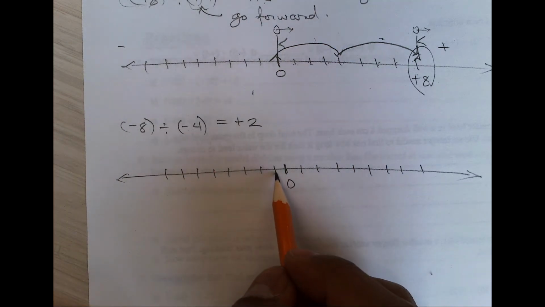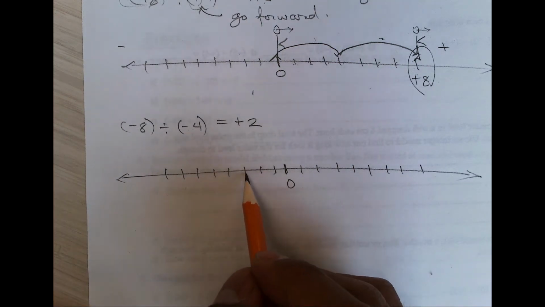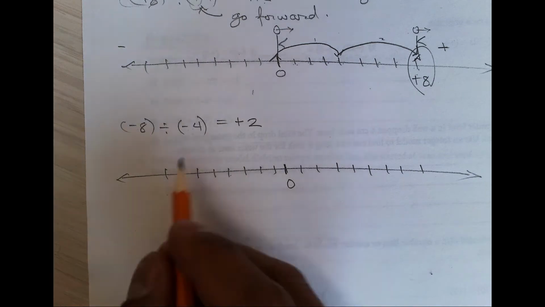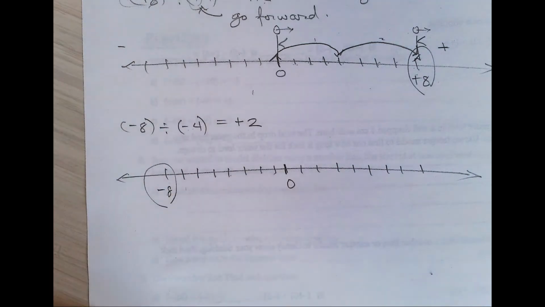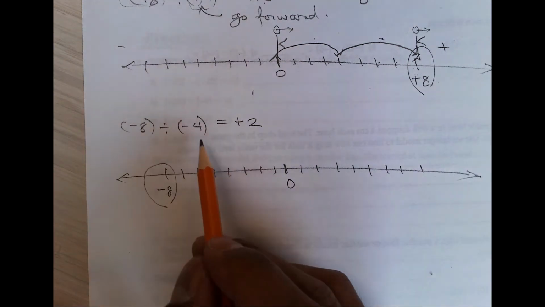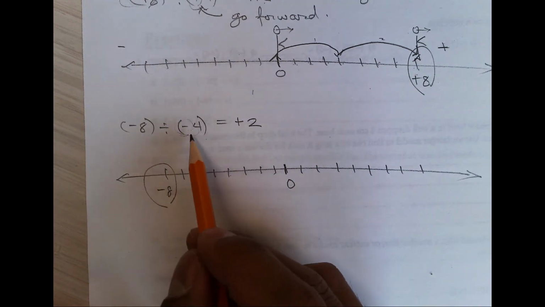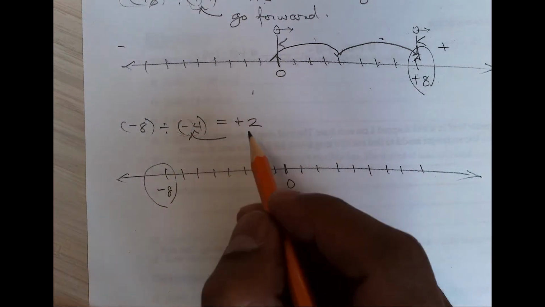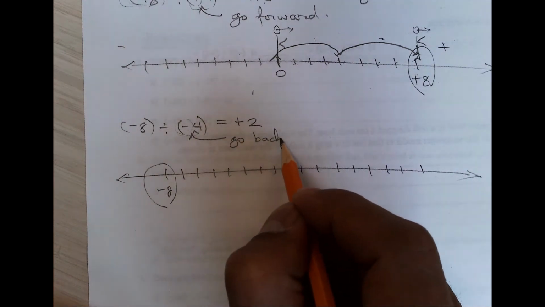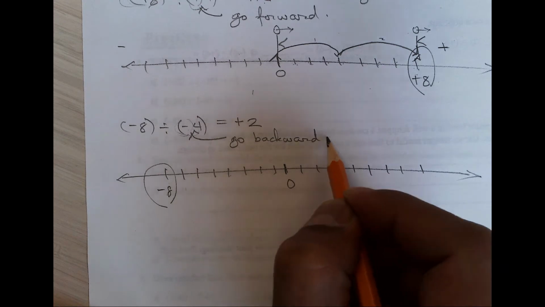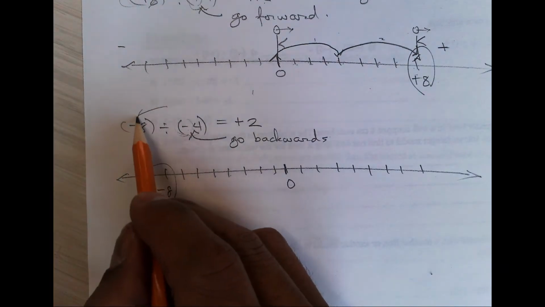Negative 8 is right here: negative 1, 2, 3, 4, 5, 6, 7, 8. This is our final destination. This symbol now is telling us this time we need to go backwards.